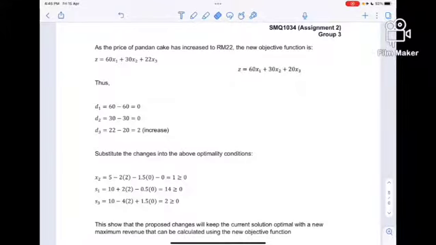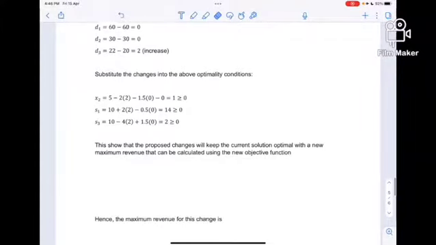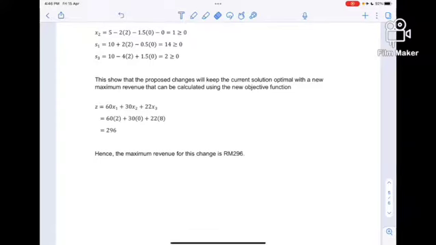As all of our reduced costs are satisfied, the proposed changes will keep the current solution optimal, with a new maximum revenue that can be calculated using the new objective function. So we substitute X1 and X3 from question A into the new objective function. Hence the maximum revenue for this change is RM296.